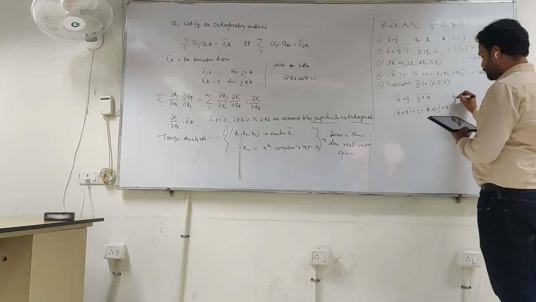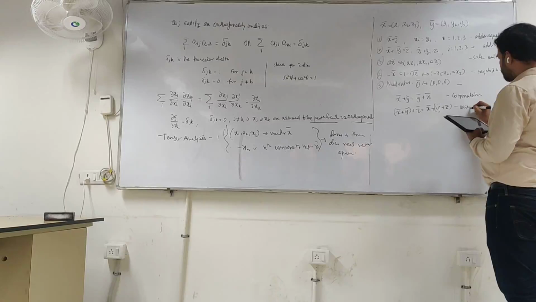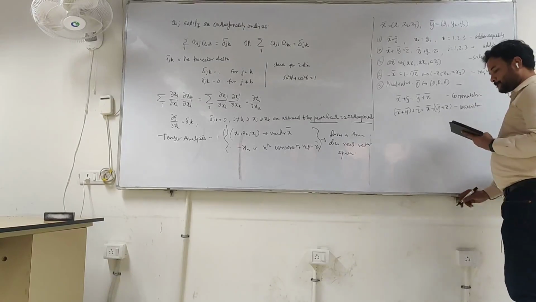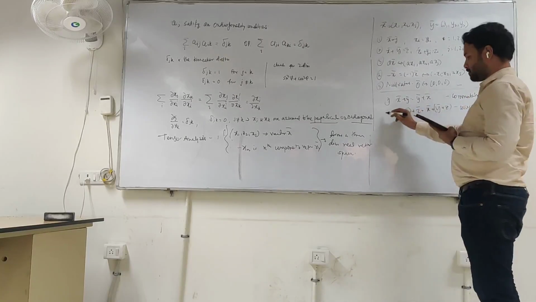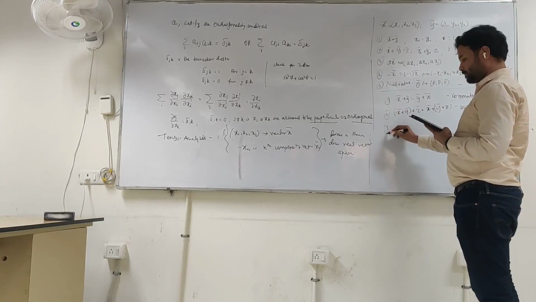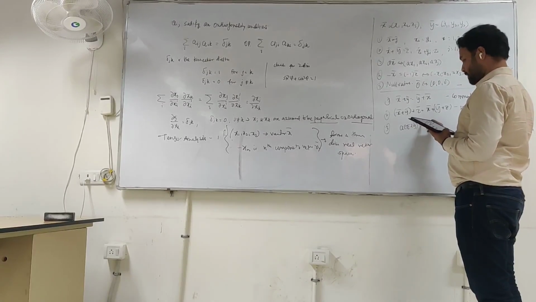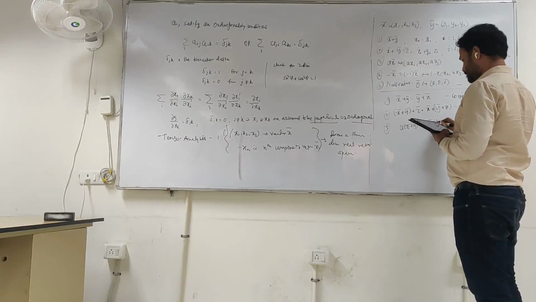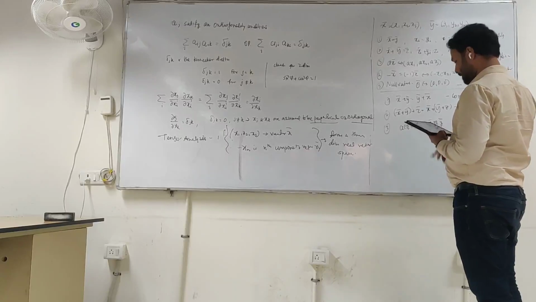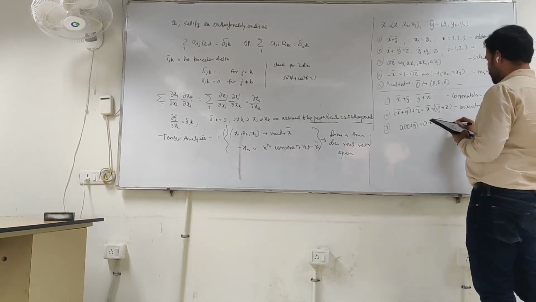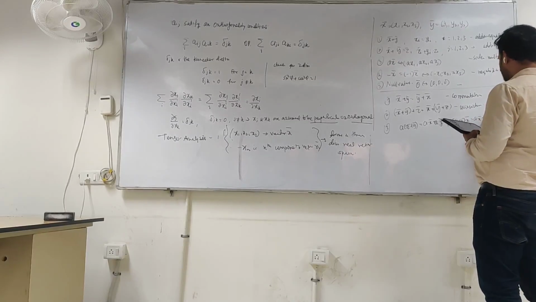Then scalar multiplication is distributive: a plus b times x bar is equal to a x bar plus b x bar.